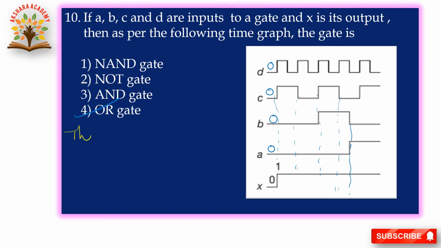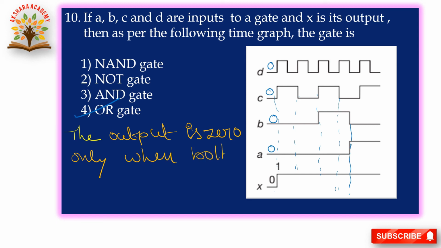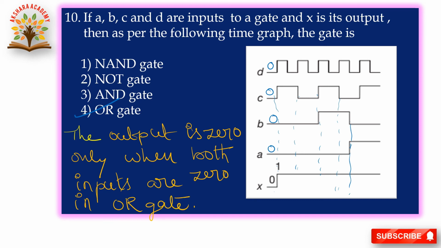The output is 0 only when both inputs are 0 in an OR gate.